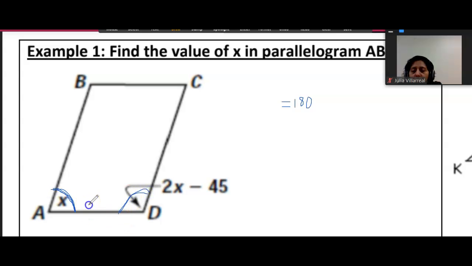So you just write the equation. Just write x plus 2x minus 45 equals 180. Then solve it. Okay, so I have x plus 2x minus 45. So I have this x right here, angle A, plus angle D, 2x minus 45 equals 180.